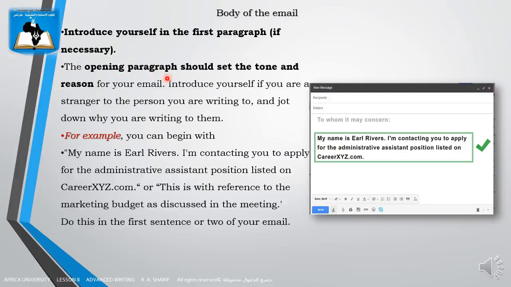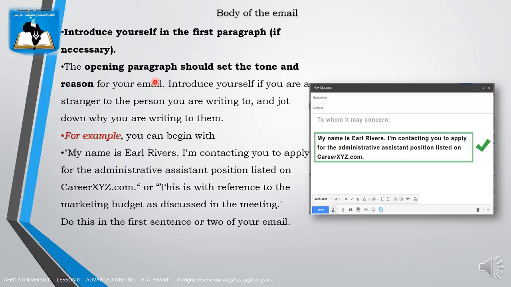If you are writing to someone you don't have an existing relationship with, such as a new customer, for example, or a hiring manager, or government official, or college admission, tell them who you are and why you are writing to them.